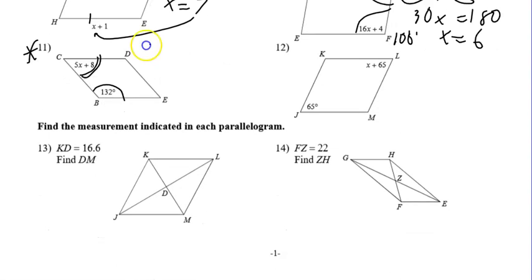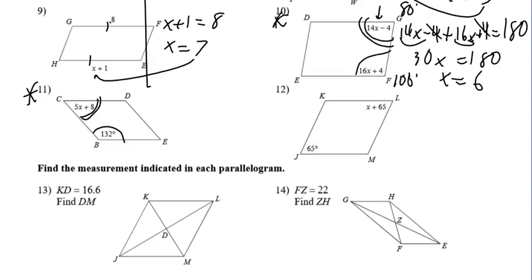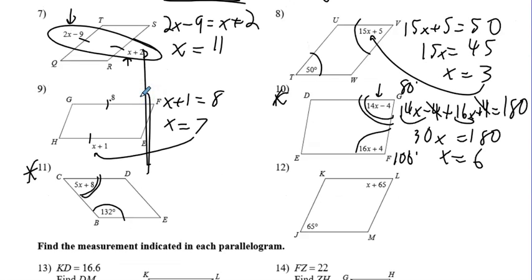Same thing here. The acute one plus the obtuse one add up to 180. So these two together make 140.